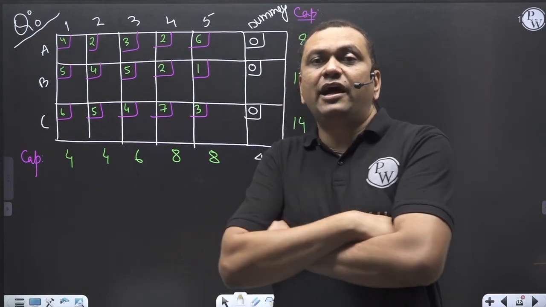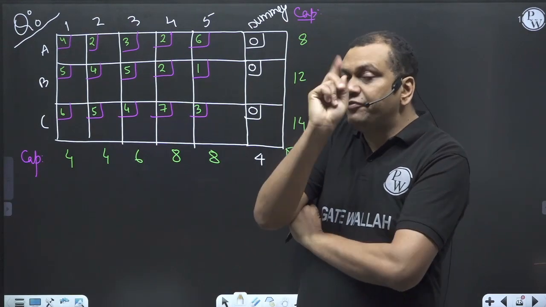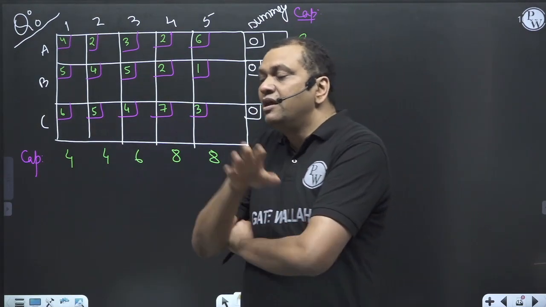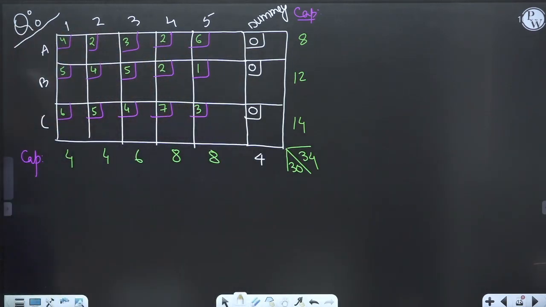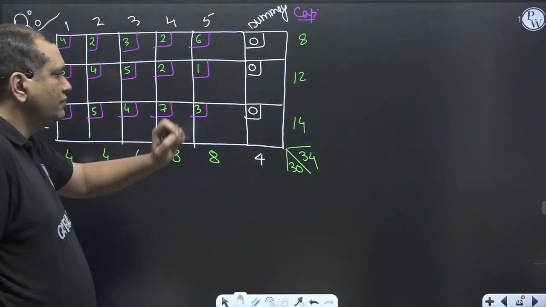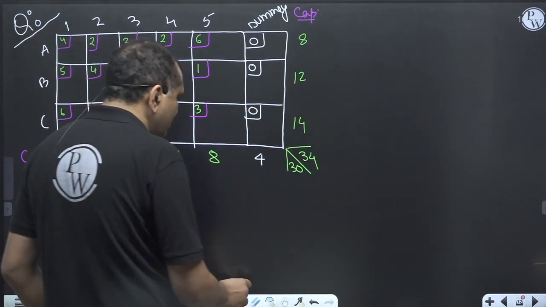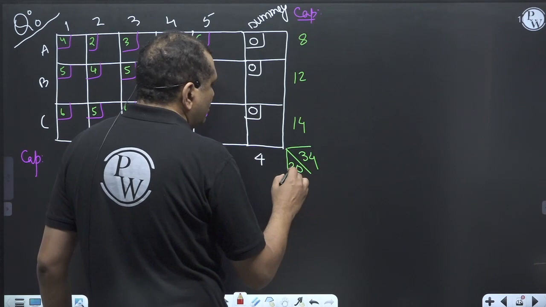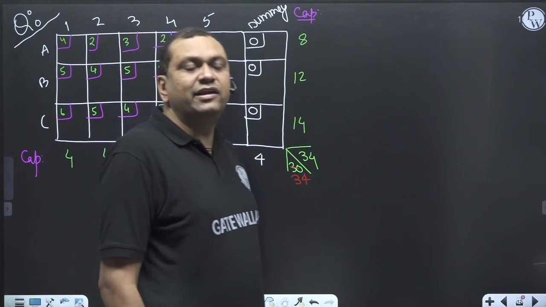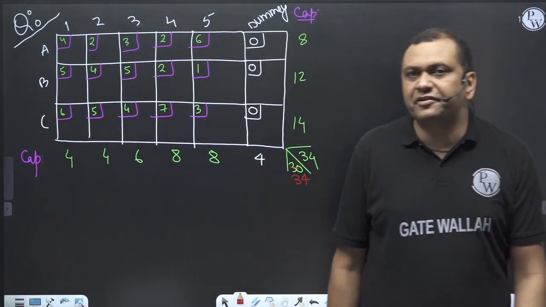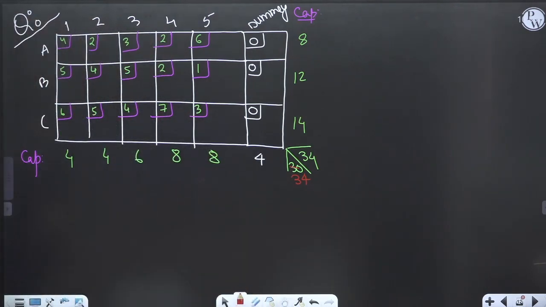Before I go for the initial basic feasible solution, my transportation matrix should be a balanced one. So capacity 4 and transportation cost 0. So in place of 30, now it's 34. Now it's a balanced one. By adding a dummy column, my transportation matrix is now balanced. I will be a little slow here.